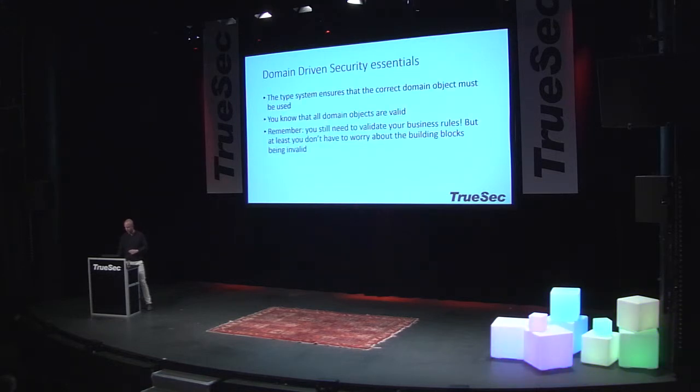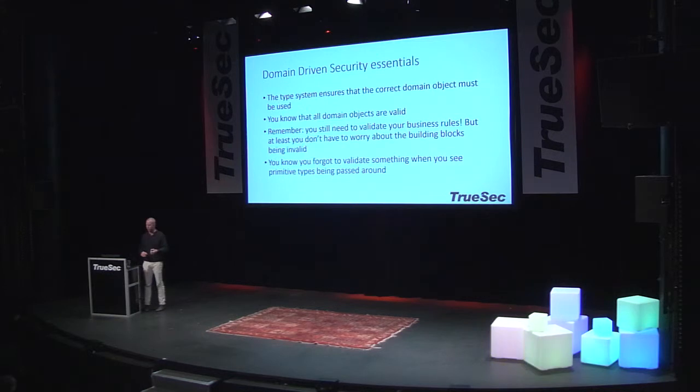So you don't have to worry about the building blocks being invalid. You still have, of course, business rules that you have to validate, but the building blocks will be fine and you can trust them. And you know you forgot to validate something if you see a primitive type being passed around, like a string or an integer, through the public methods or in your domain.